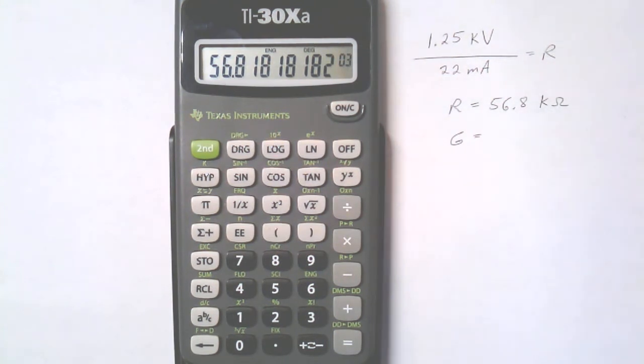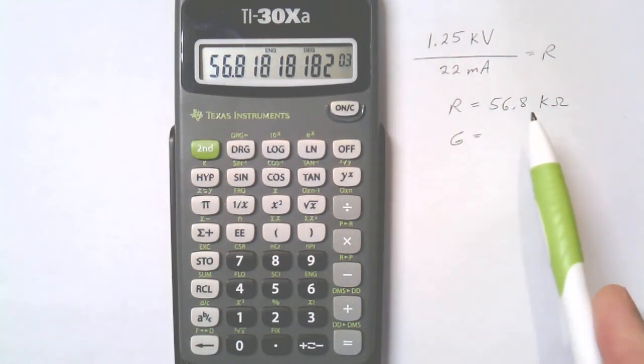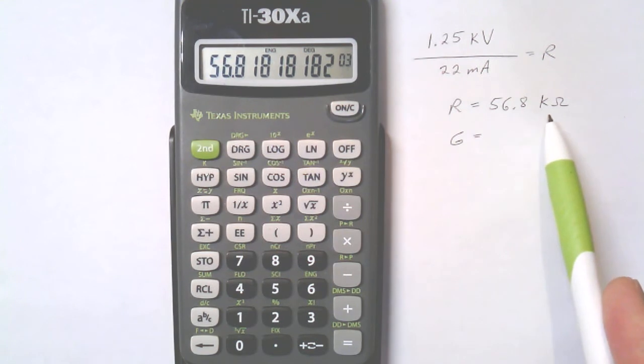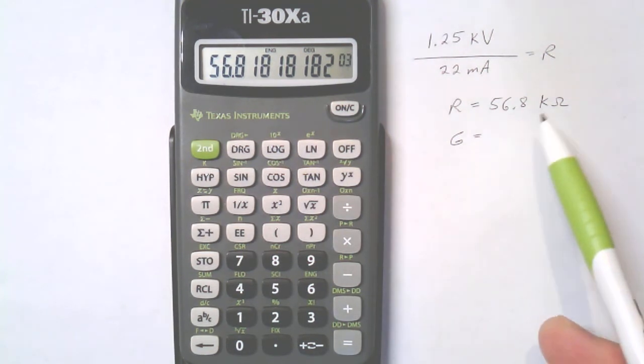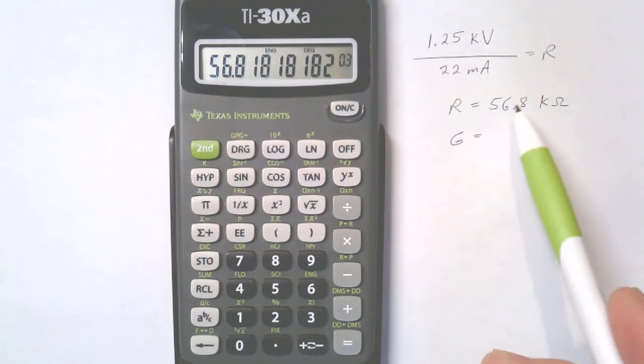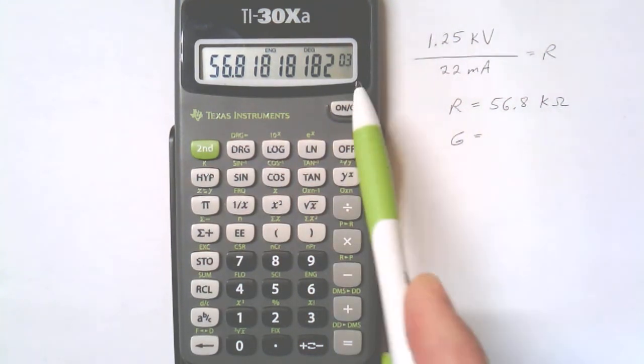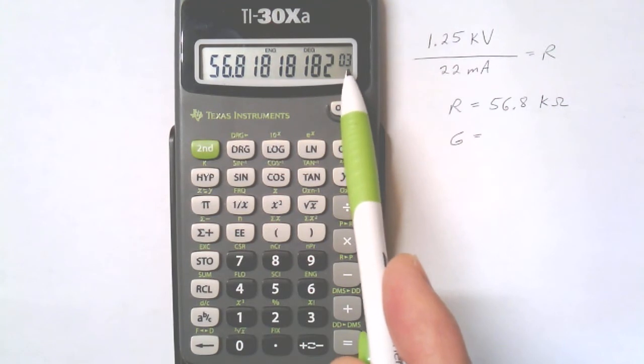So it's a highly resistive circuit. 56.8 kilo ohms, you know, 56,800 ohms, but we don't write it that way. We use the kilo. And your calculator will show you that kilo, it'll represent it with the appropriate exponent for times 10. So times 10 to the third.